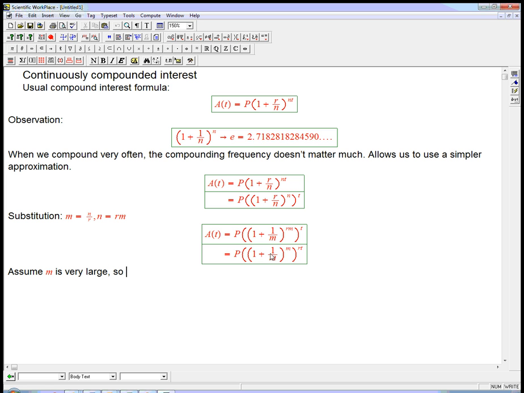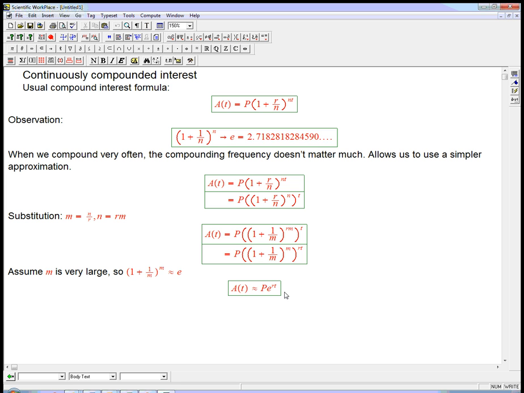So this quantity here is very, very close to the magic number e. Okay? And so this whole thing, one more time, is going to be very, very close to p times, all this goes away, magically, boom, it's just e to the rt. And you get pert. Okay?